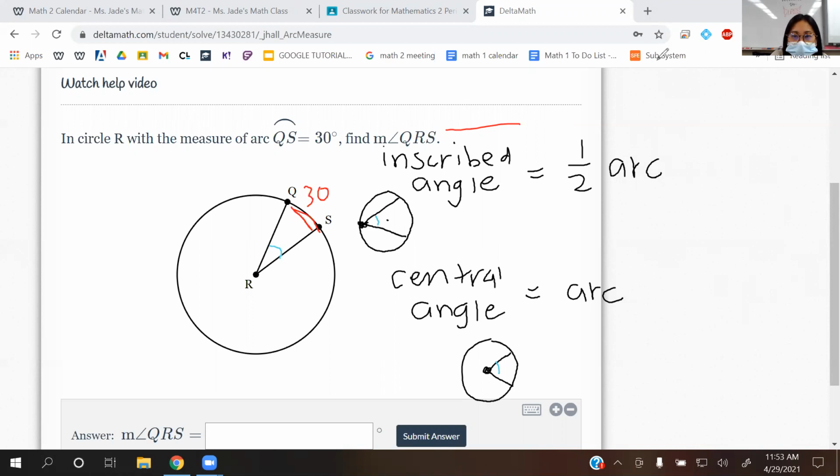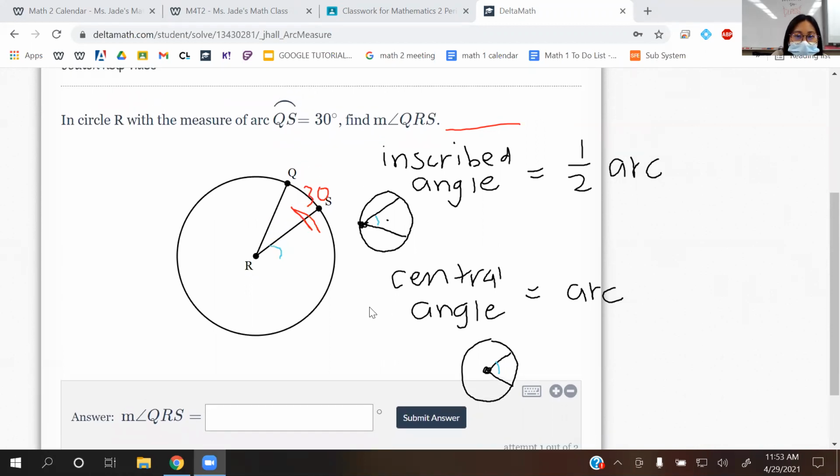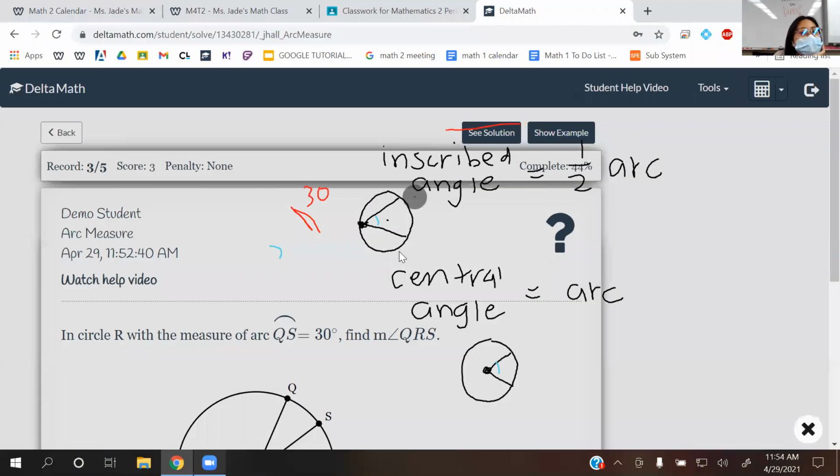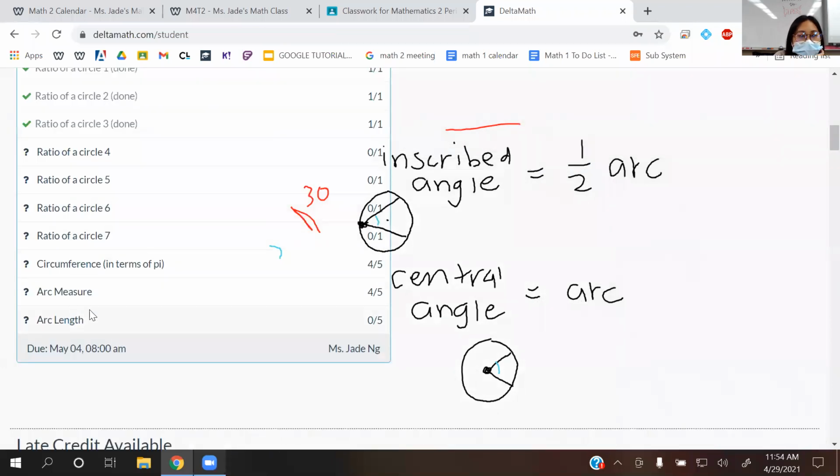So if our arc is 30, then our angle is 30. If you have a central angle, they're just equal. You don't have to do any calculations at all. Any questions? All right, and that's it for arc measure. Let's go to the next video for arc length.